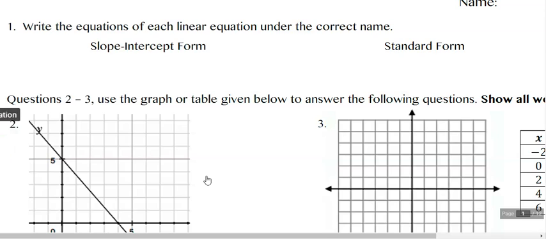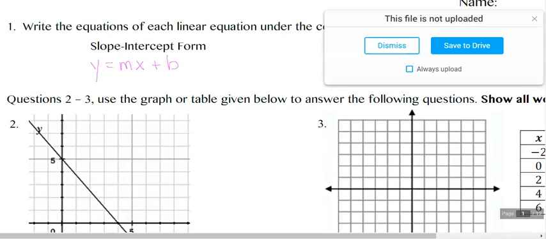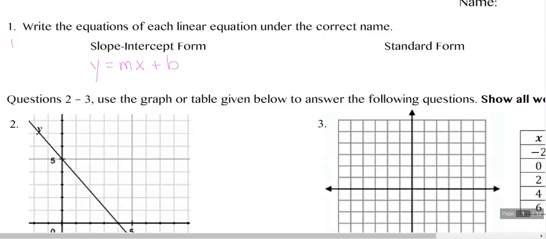All right, so if you remember, with linear functions, we have 2 forms that we talk about, slope-intercept form and standard form. Slope-intercept form looks like this: y equals mx plus b, where m is the slope, and b is the y-intercept.